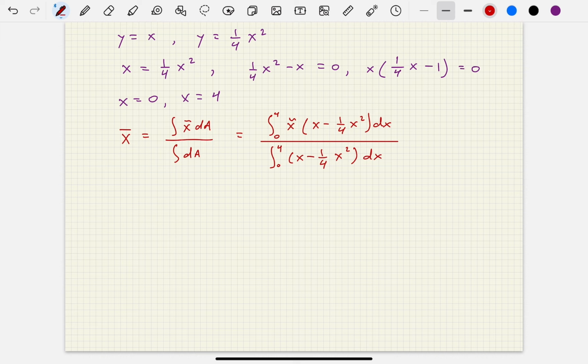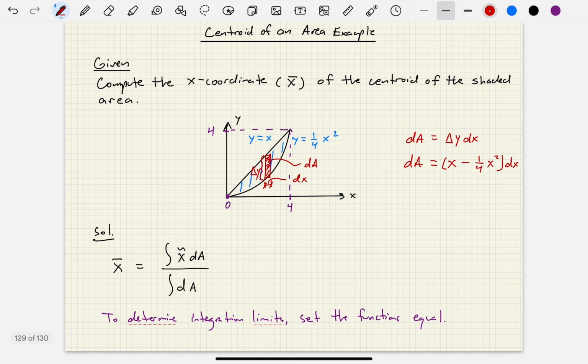Now, what's the last piece of this that I need to figure out that is still a little nebulous at this time? Well, it's this x tilde, okay? What is x tilde? Well, x tilde is a moment arm. Remember, x tilde is what we sometimes call an area moment arm, so take a look at the background video if you're a little rusty on that.